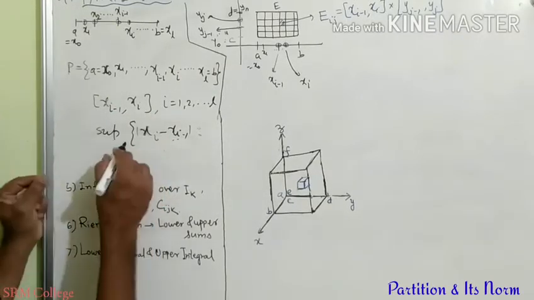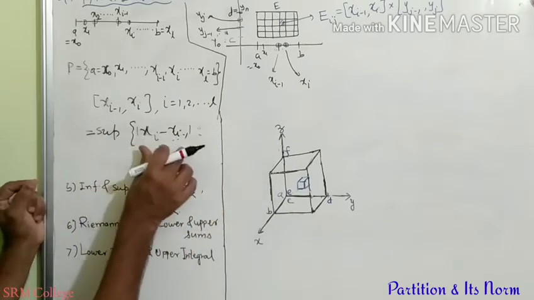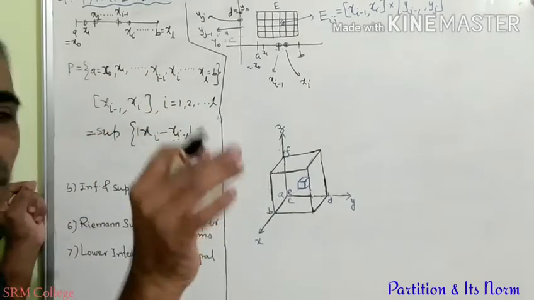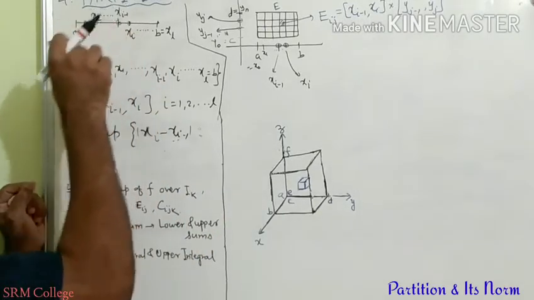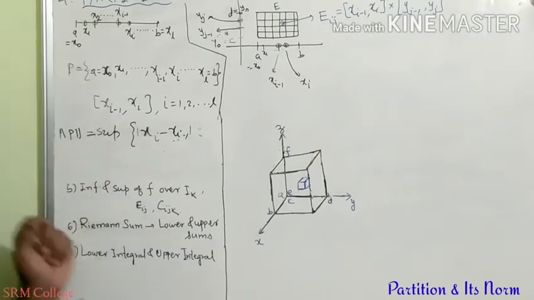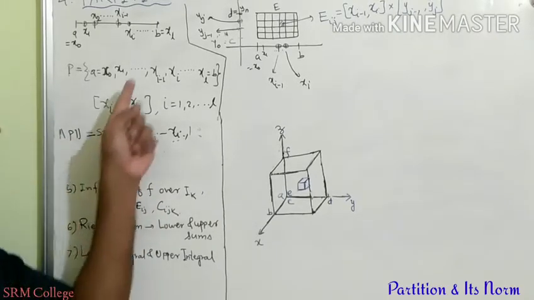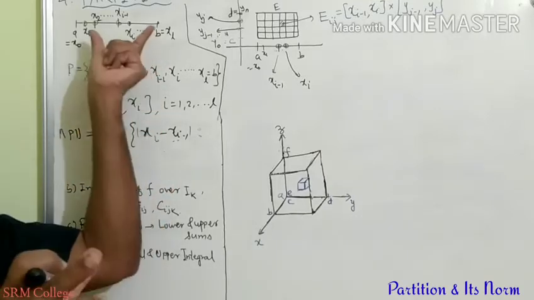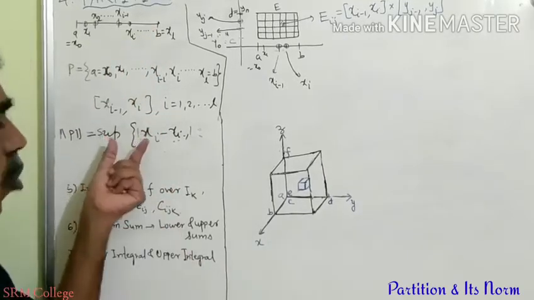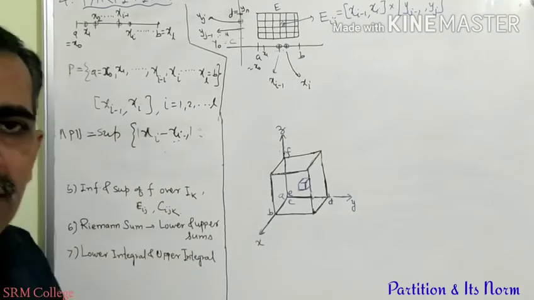You choose the supremum amongst all these, and that supremum length of a subinterval from the partition of the interval is called the norm of the partition, and it is denoted by norm P. So the norm of a partition, in case of a closed interval in R, is the supremum length of a subinterval.